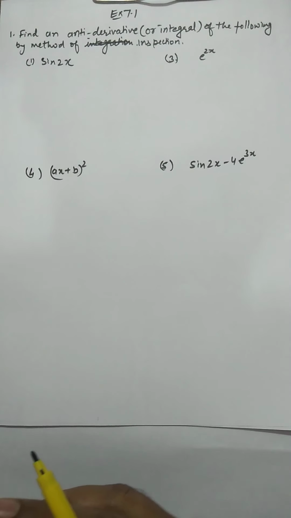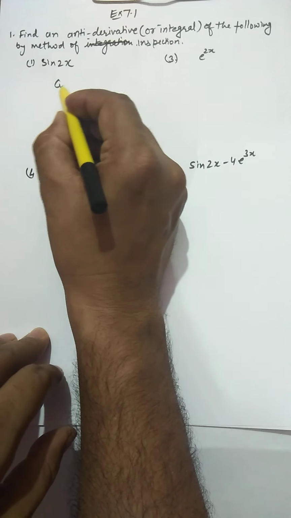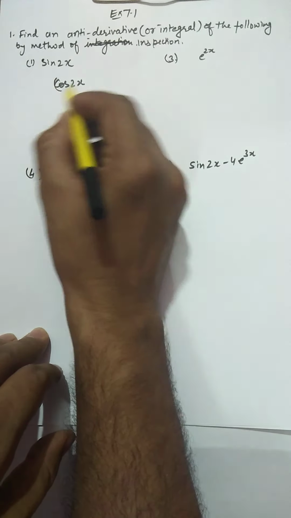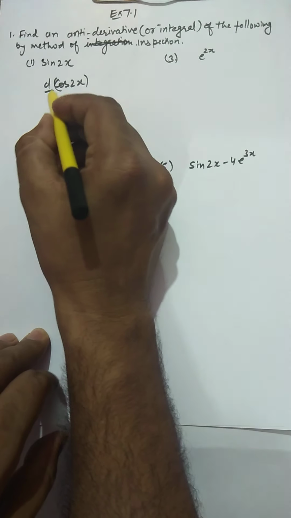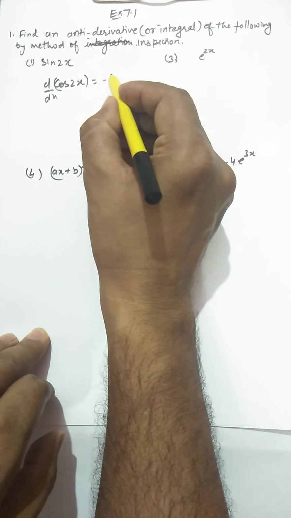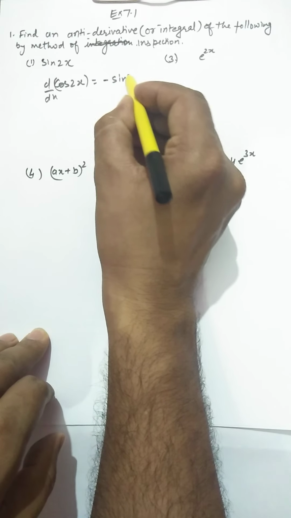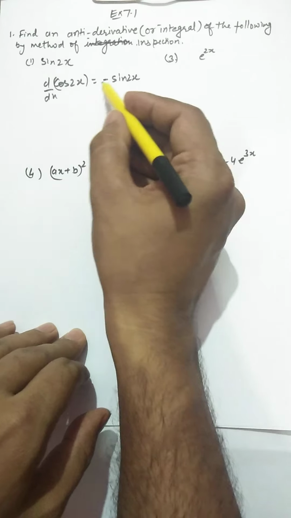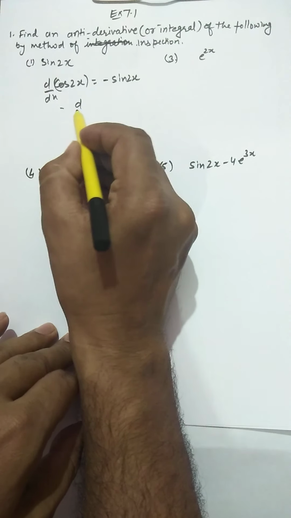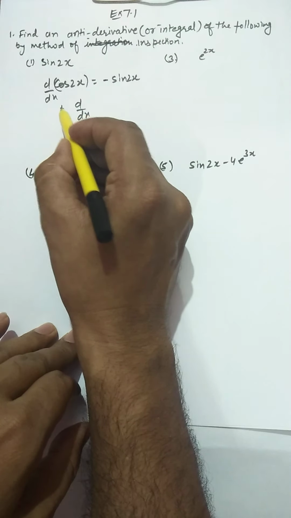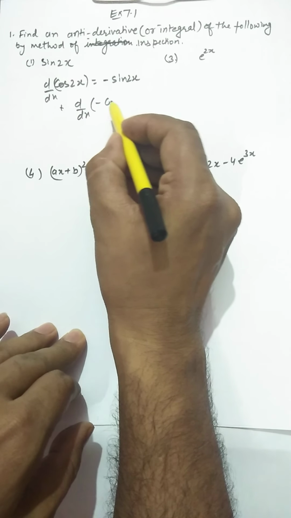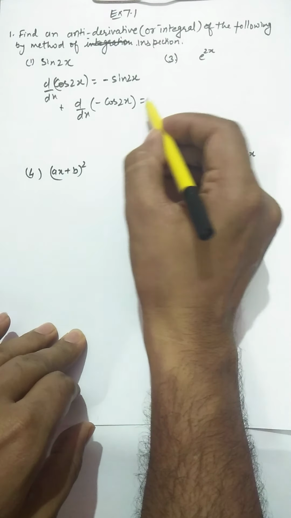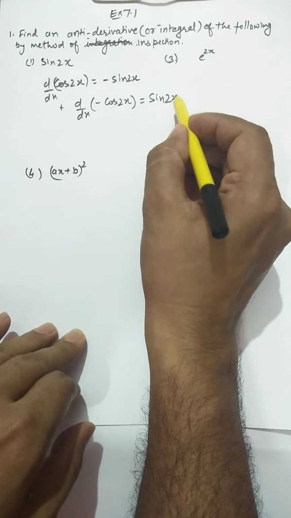So this sine 2x, if you differentiate cos 2x, then somewhere I'm going to get sine 2x. So if this minus sign is taken this side, you can write this d by dx also, and this sign can be taken inside cos 2x, and this is now sine 2x.